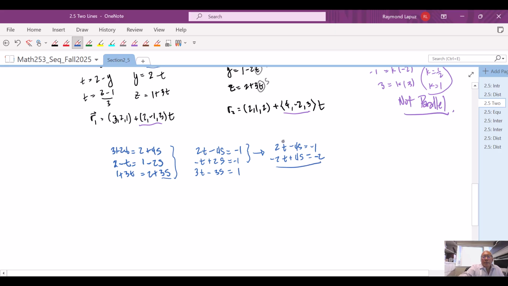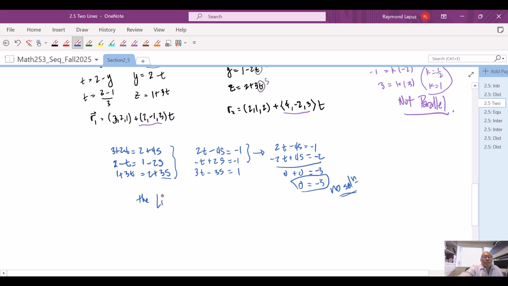And if I add them, I will get 0 and 0 is equal to, add them, get -3. So 0 is equal to -3 already gives us no solution. So we don't even have to work the third equation into this. This already does not work for us. So we can say, because there's no solution, these two lines do not intersect.